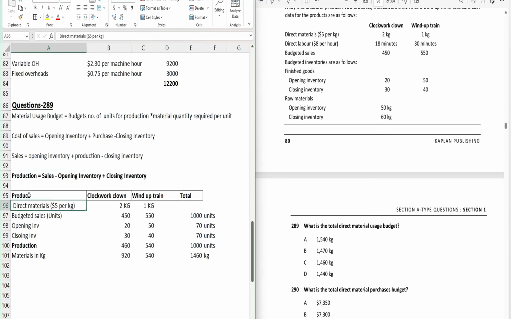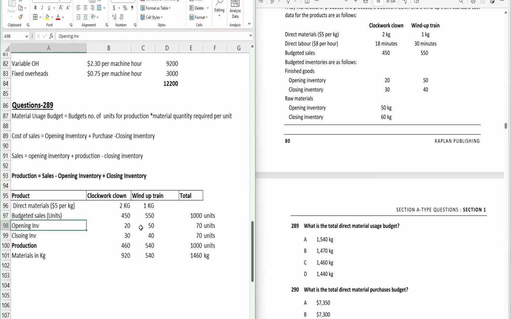So now let's do this together. The products are clockwork clown and wind up train, right? And for direct material, they are paid 5 per kg, and for 1 unit of clockwork clown we need 2 kg, and for wind up train we need 1 kg. Budgeted sales units are already given in the question, 450 and 550, which I have just picked up from the question.